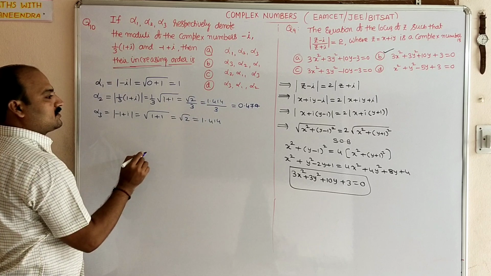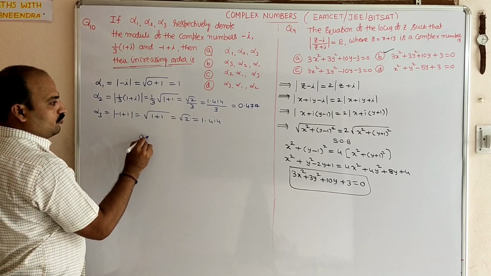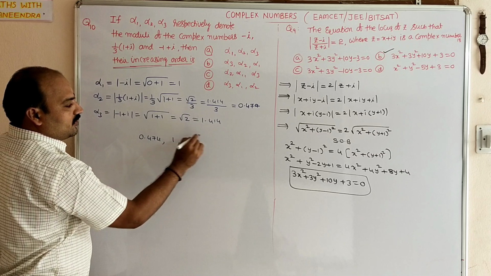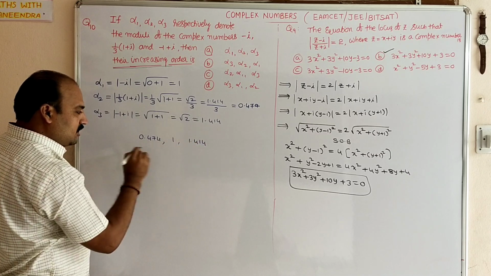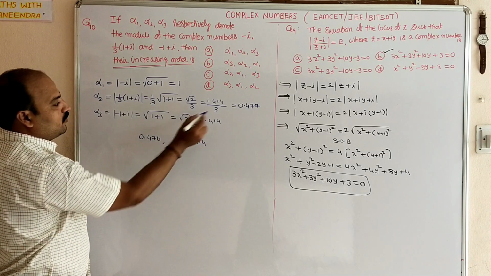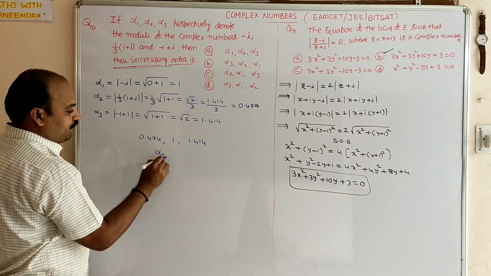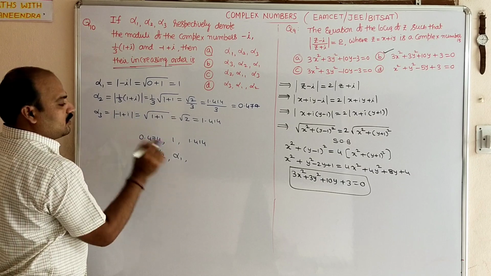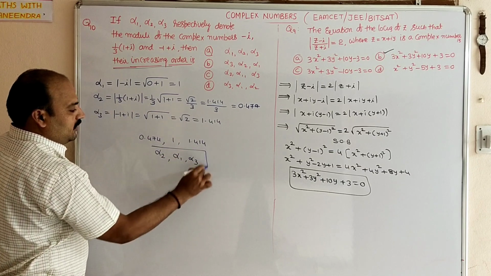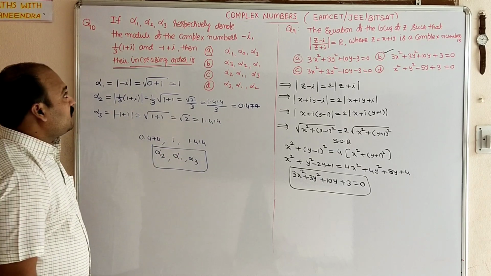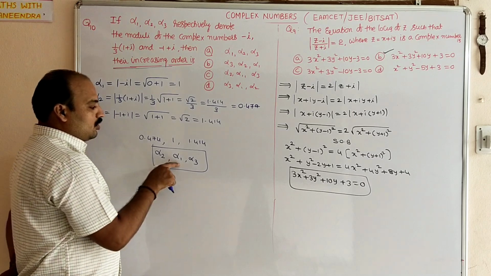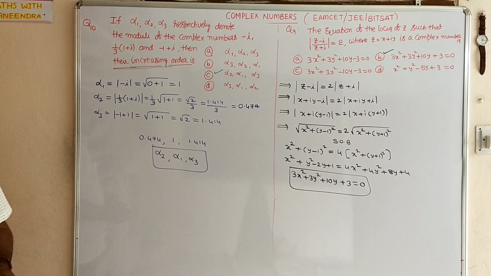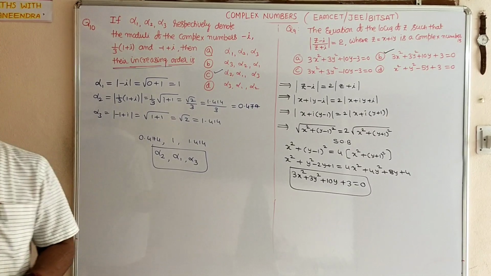First comes 0.474, after that 1, after that 1.414. 0.474 is α2, 1 is α1, and 1.414 is α3. This is the increasing order for the given question: α2, α1, α3. So the third option is the right option. We will move to the next question now.